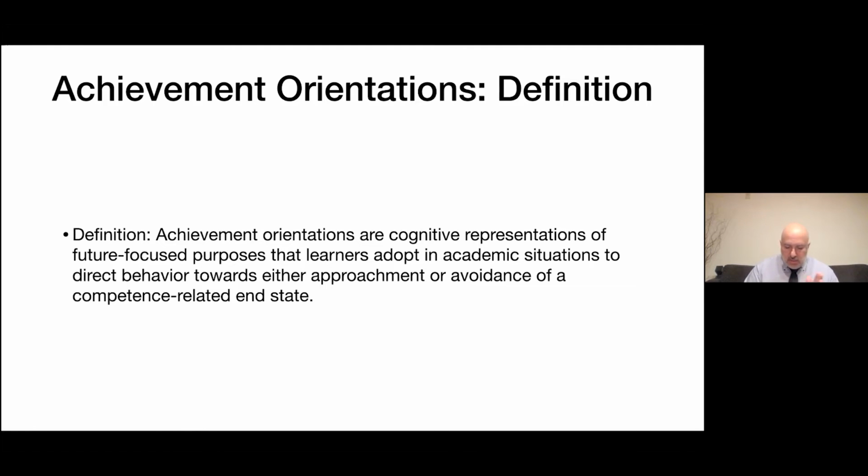But in short, they refer to the way in which we interpret and react to, for example, learning tasks in the classroom. And the way we react to those tasks in the classroom will result in different patterns of behavior, different patterns of affect, and different patterns of cognition. So how we behave in the classroom, how we emote in the classroom, and how we think about these tasks will be different based on our own orientations.